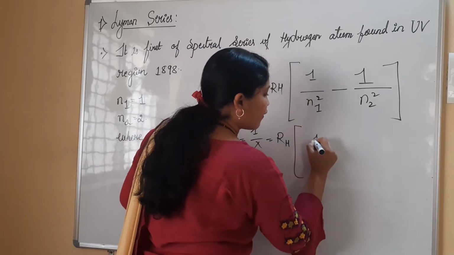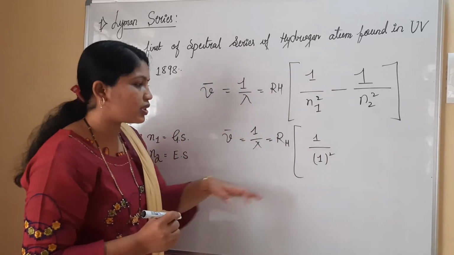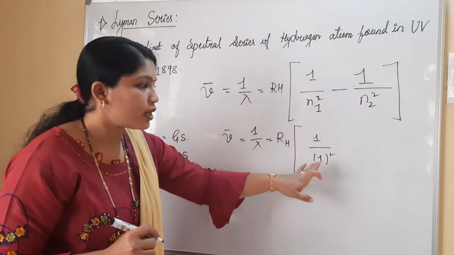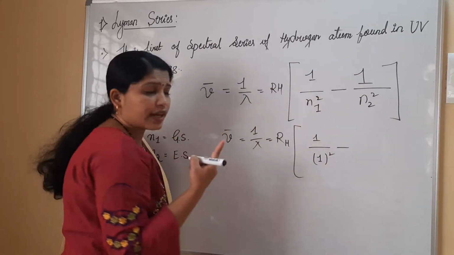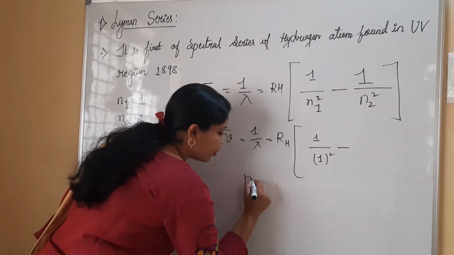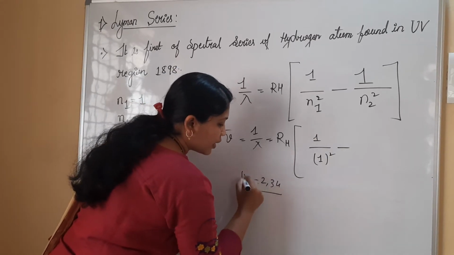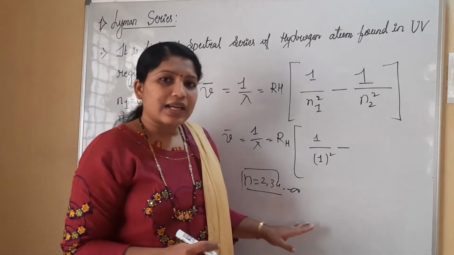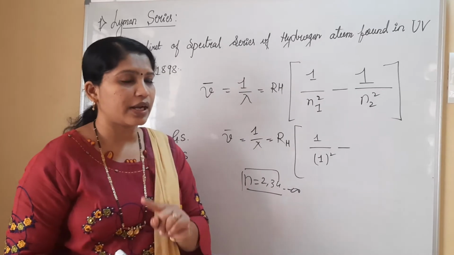The thing is, I have to write n1 square as 1 square, because n1 is fixed for the Lyman series, it is 1, the first ground state. Here if the n2 value is given to you, n2 value may be 2, 3, 4, 5 and so on up to infinity, because where exactly the electron is coming from is going to be considered as n2.